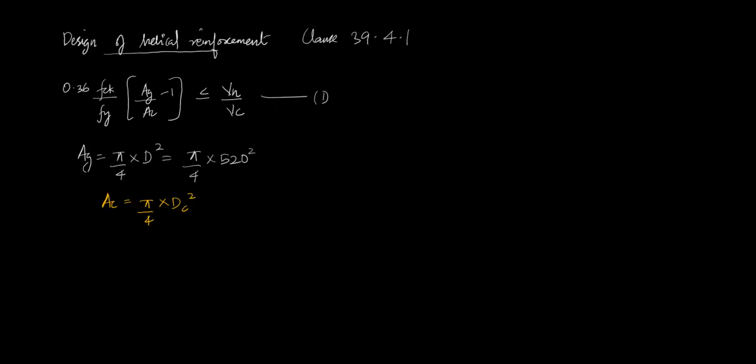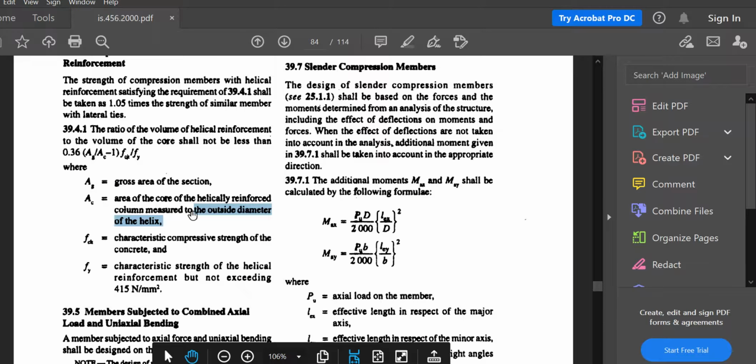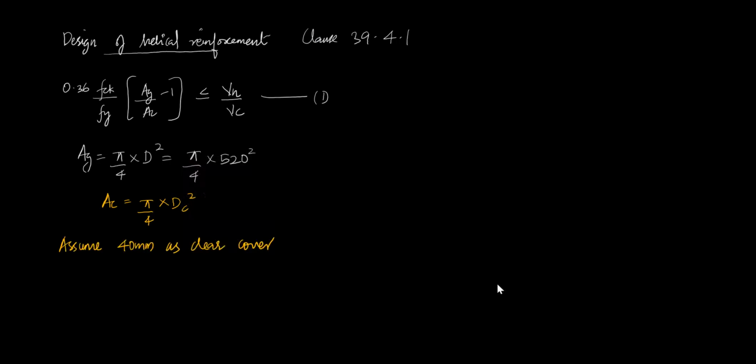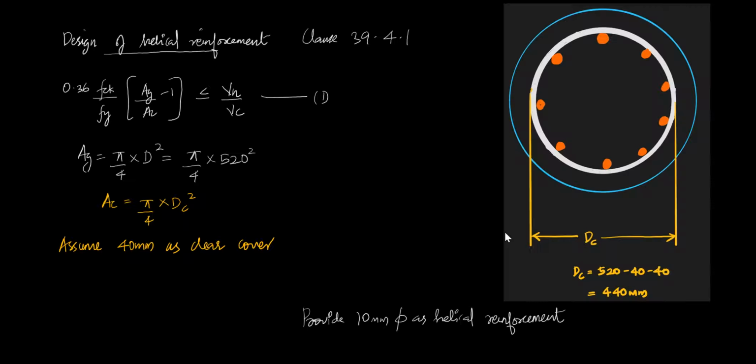Ac is given in the code as the area of the core of the helically reinforced concrete measured to the outside diameter of the helix. So assuming a clear cover of 40 mm and providing 10 mm phi as helical reinforcement, you will get dc as 520 minus clear cover, from outside of the helical reinforcement, from here to here.